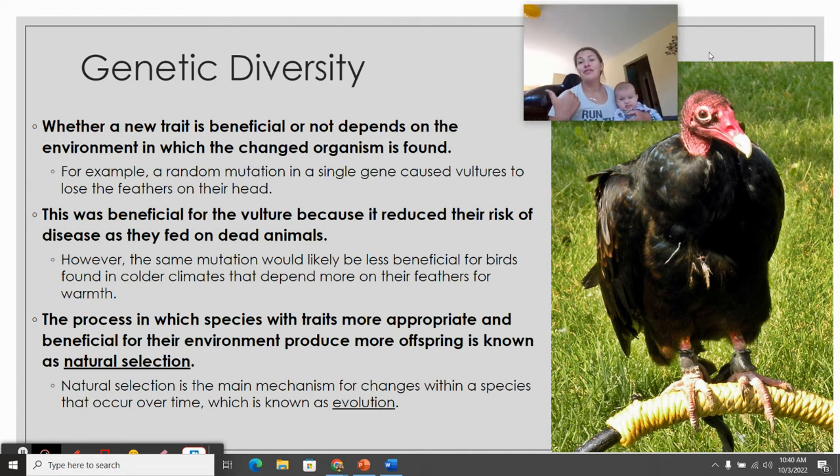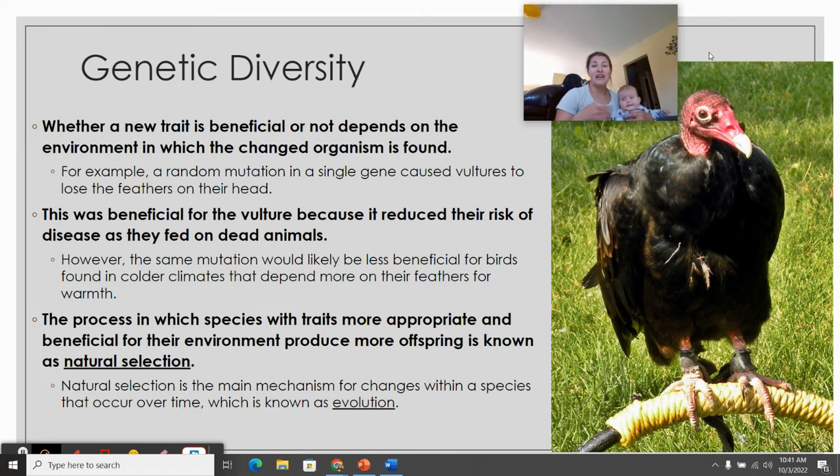However, vultures and different scavenger birds don't have feathers on their head, and it actually has reduced their risk of getting disease because they eat dead stuff. And when they're getting their heads in there, they don't have feathers to hold on to bacteria and mites and all that stuff that's in dead carcasses.